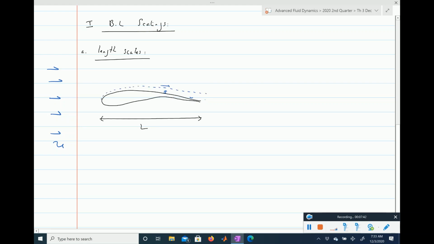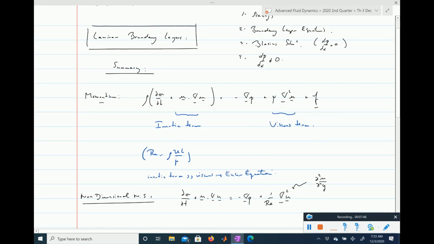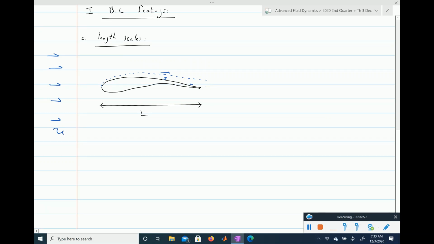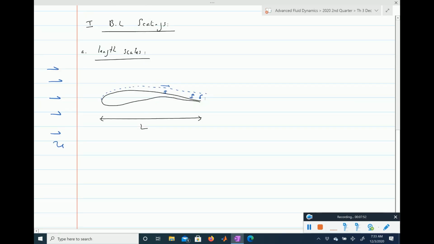And what we want to find is a scaling for how thick this boundary layer is. So that's delta. We're going to call delta our boundary layer thickness, and we're trying to find the length scale for this region where the effect of viscosity and the effect of inertia are comparable.